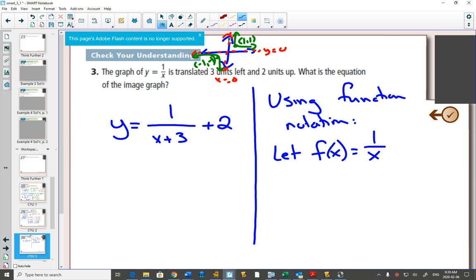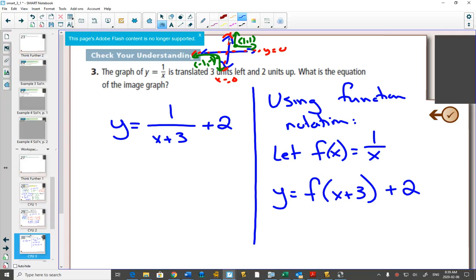And in function notation, if I wanted to go 3 left and 2 up for any function, I would write it like this. The 3 left would be inside the function, and the 2 up would be outside of the function. And this would be true if f of x was x cubed, if f of x was the square root of x, if f of x was something we haven't even done yet.